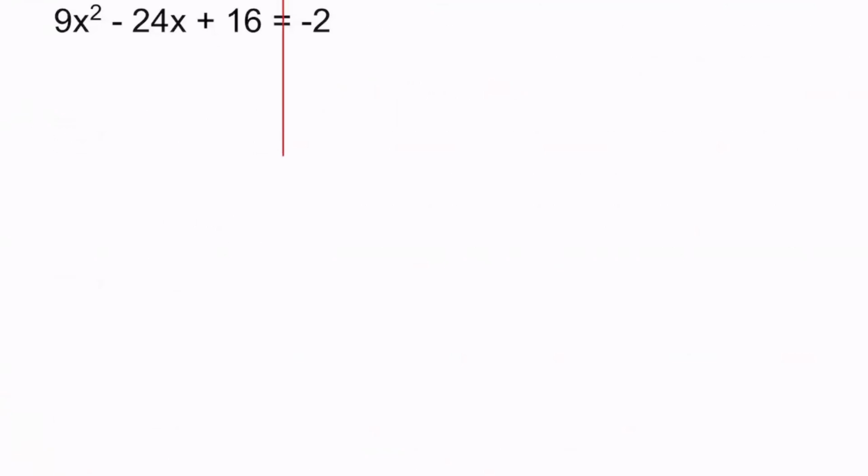Leave what's on the left side, and leave what's on the right side, okay? And then we figure out the A value, B value, and C value, right? So the A value is equal to 9, B value is equal to minus 24, the C value is equal to 16. Okay, so now we use the X box.